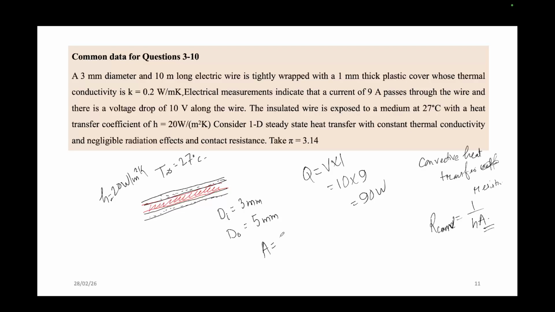Area is equal to pi d L. Pi is given as 3.14, d is given as 5 mm, so 5 into 10 to the power minus 3, into L, which is 10.